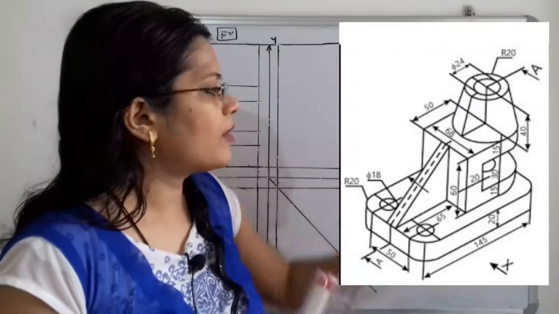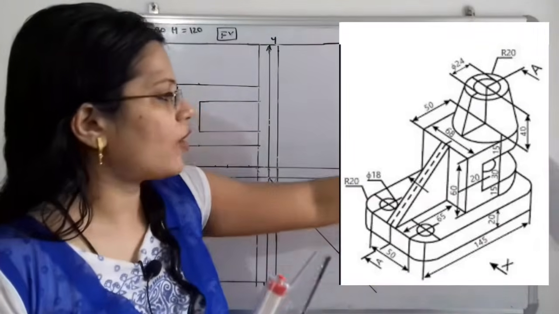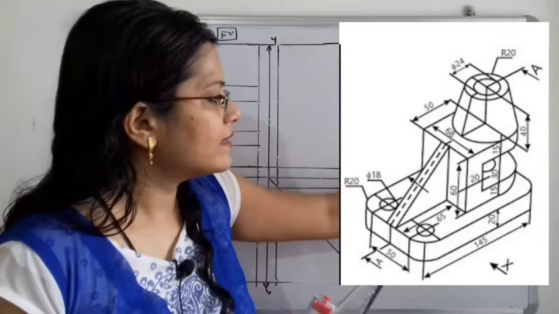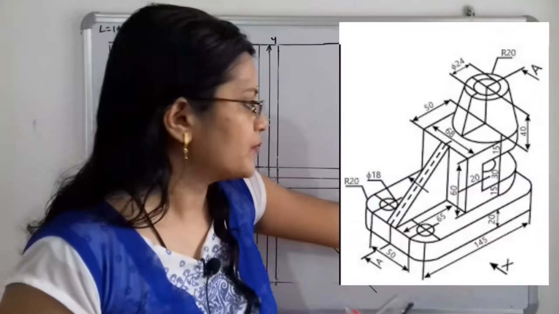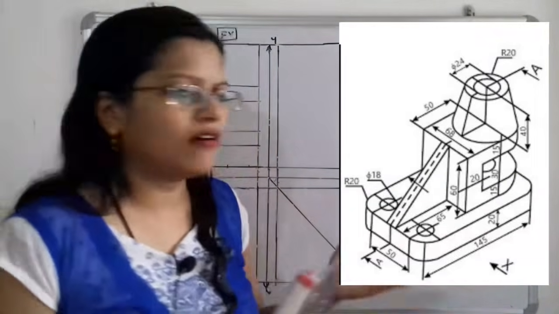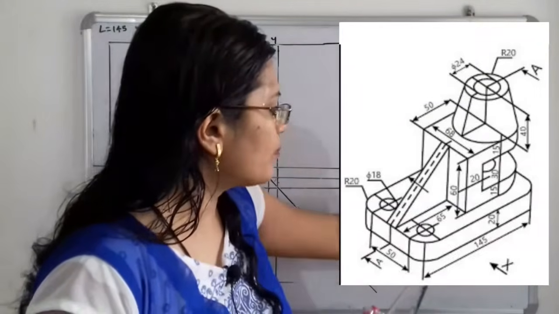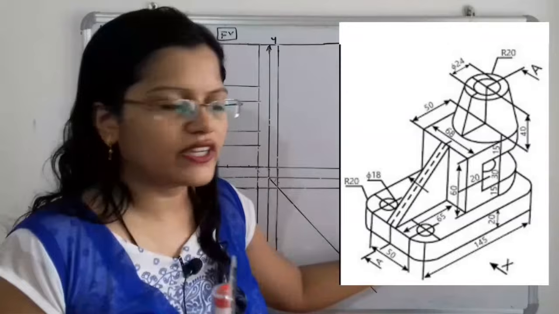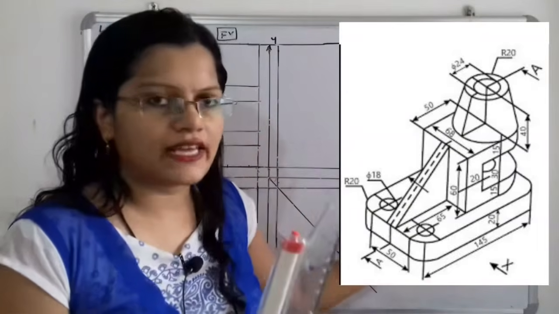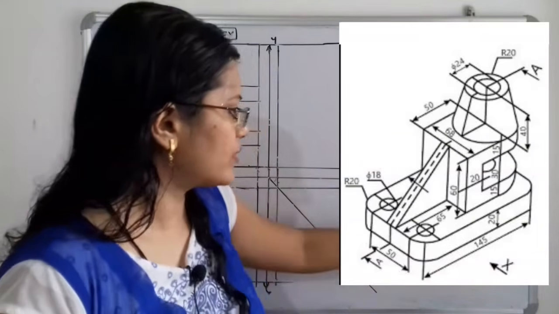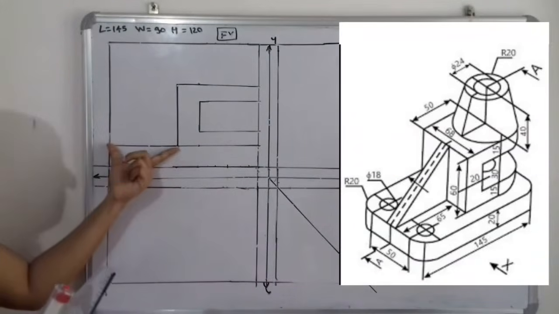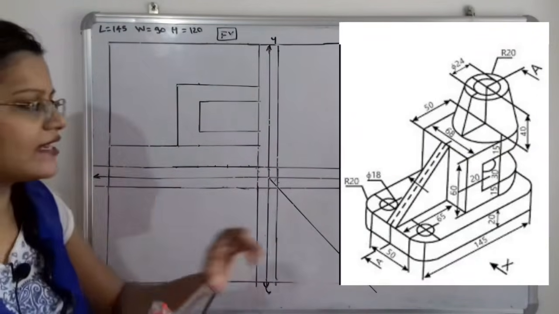Now what about the next? If we move to the top, there is the big circular construction. For this circle, the radius is not given. So how to decide the radius? The total length is 145. Now what is this length? This length is 65, that is given.